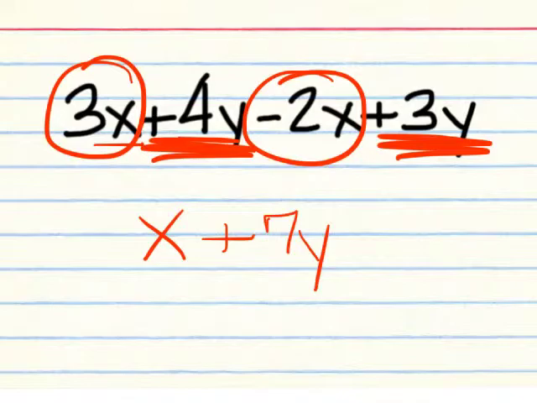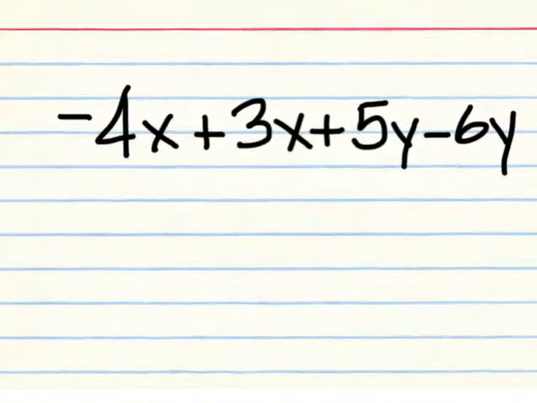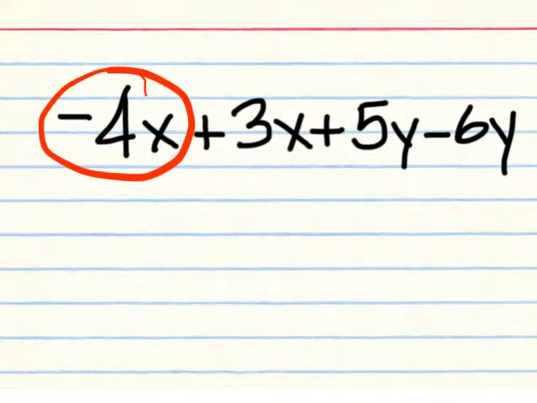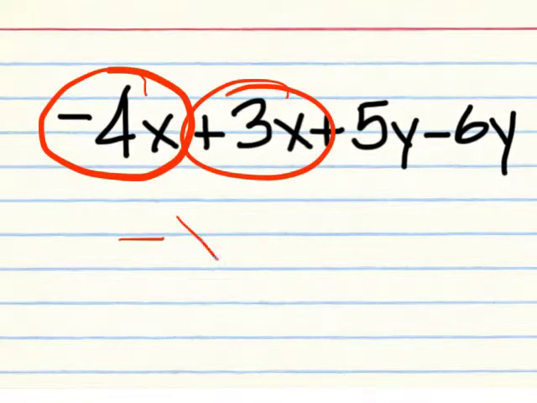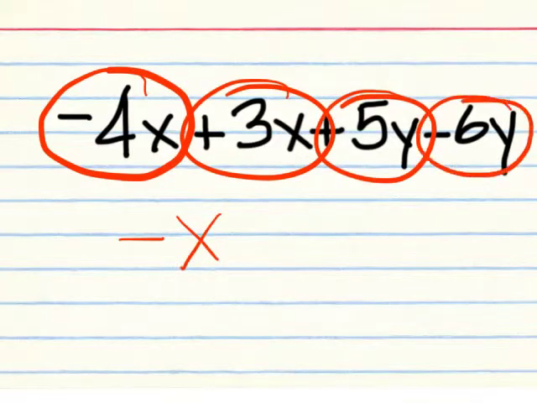X plus 7y is the answer. In this example, do the x's first. Negative 4x plus 3x is a negative x. And then 5y minus 6y is negative y, so it becomes minus y. Negative x minus y is the answer.